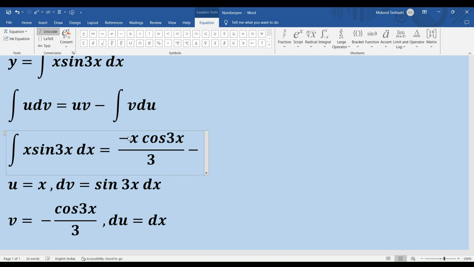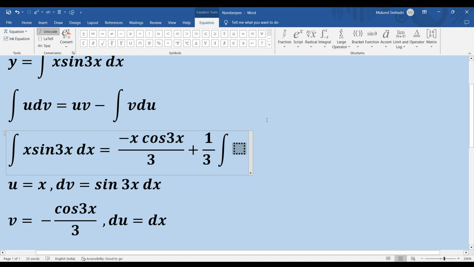I notice that my v equals minus cos 3x by 3. So I pull out the minus 1 by 3 factor with v, and I'll get a plus of 1 by 3, right? I'm pulling the 1 by 3 out of the integral because that being a constant, and now I have cos 3x times dx, right?